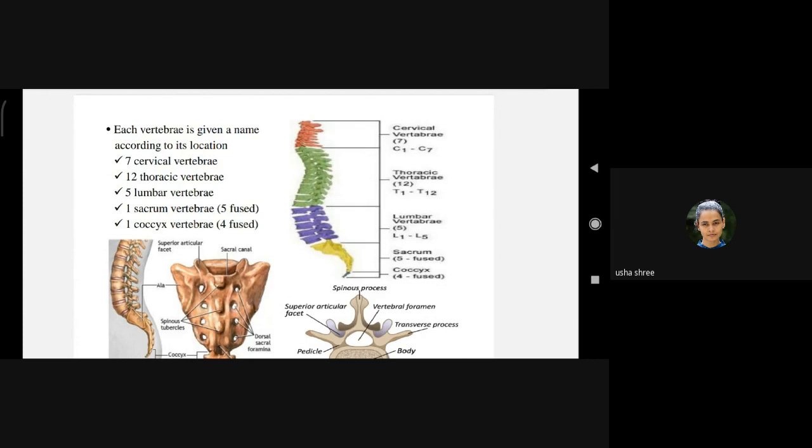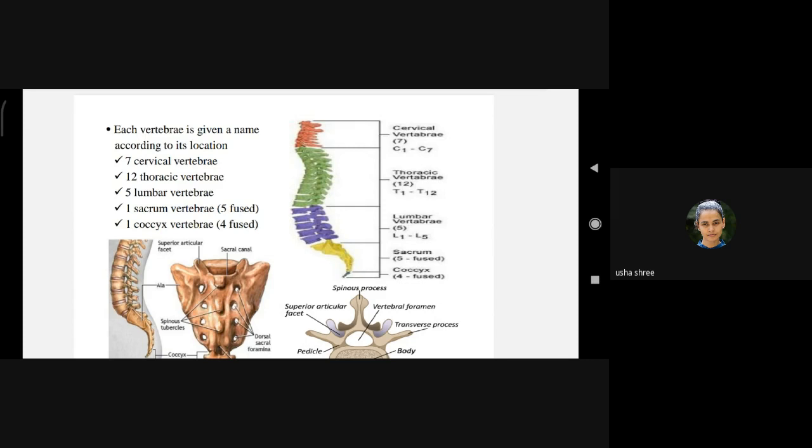They are known as C1, C2, C3, C4, C5, C6, C7. C for cervical, and as there are 7 vertebrae, they are named 1, 2, 3, 4, 5, 6, 7.